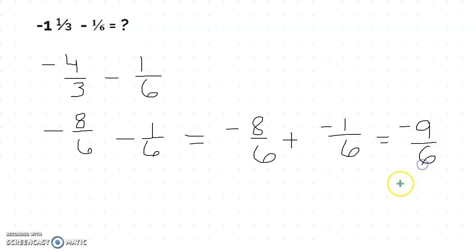So I have -9 over 6. This reduces to -3 over 2. And if I wanted to write it as a mixed number, I could. I could say -1 1/2.